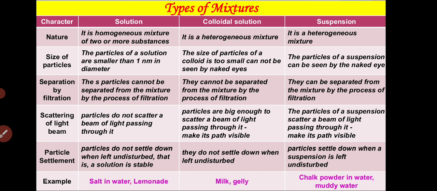While colloidal solution also does not allow the separation of two phases by keeping them undisturbed for some time. While in the suspension, we can separate out the particles by keeping them undisturbed for a certain period of time.